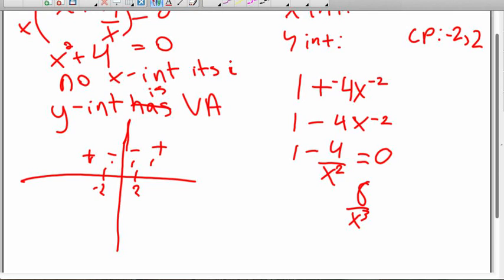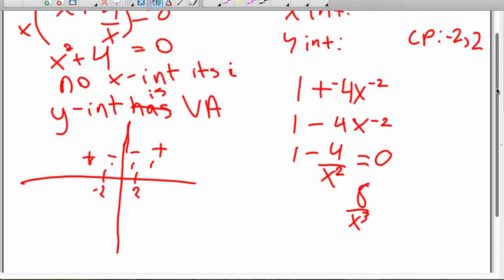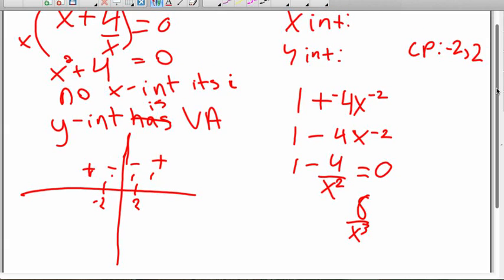Find your y values at 2 and negative 2, which you plug into your original function. The original function was x plus 4 over x.